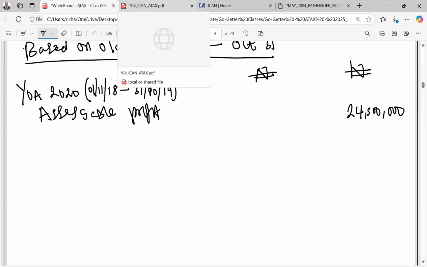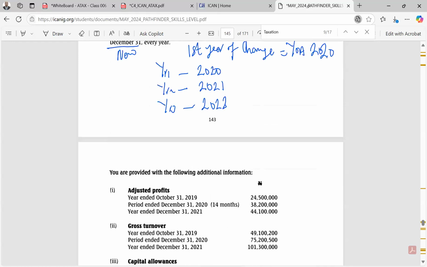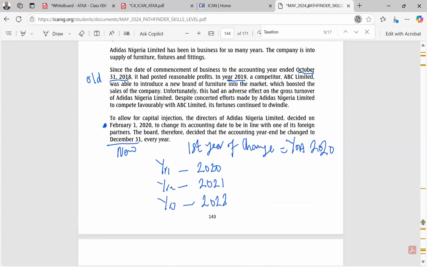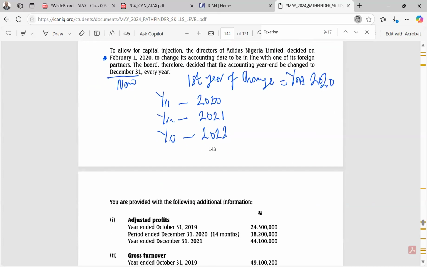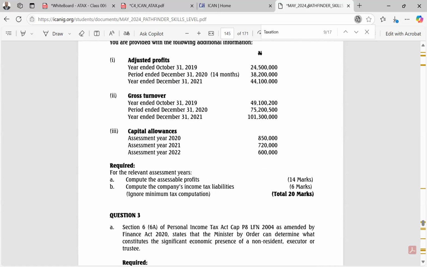Now the next thing to do here is, because they are into furniture fixing, they are not into agriculture, they are capital allowances. Okay, these are their capital allowances. It was supposed to be two-third, but they have given you the capital allowance. The thing I wanted to do in capital allowances, I will not do it here because that's not the topic. Now, capital allowance is 850.